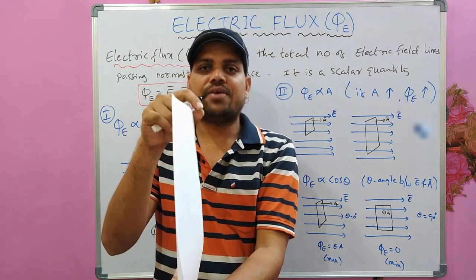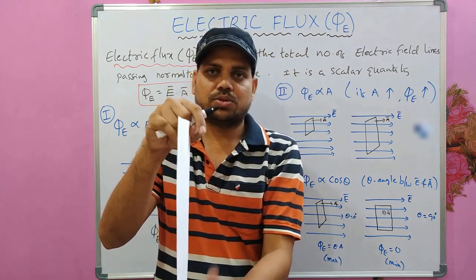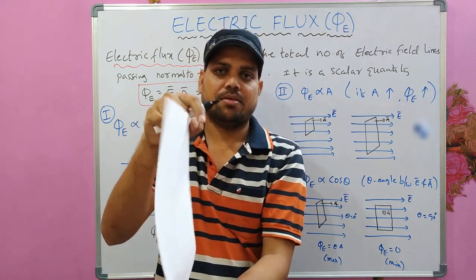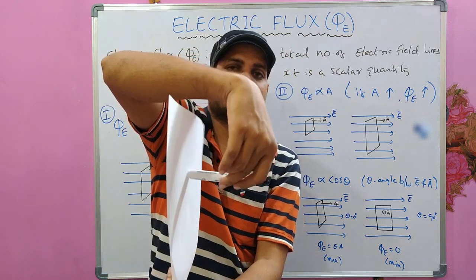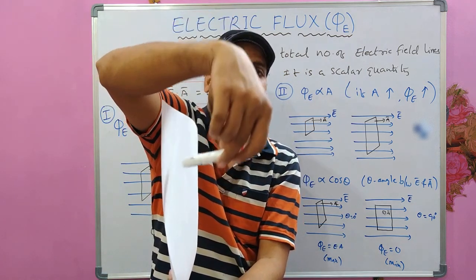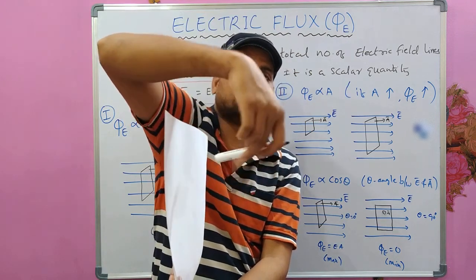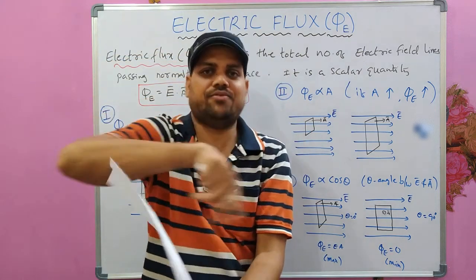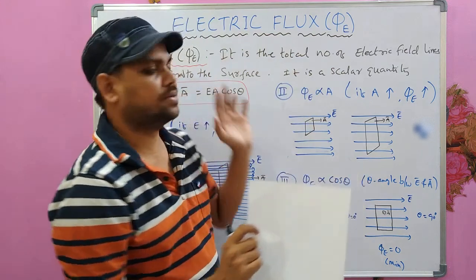The number of electric field lines passing normal to the plane of this surface means in this way. All the electric field lines which are passing through this plane surface normal to it, if you count all of them, then that is electric flux.